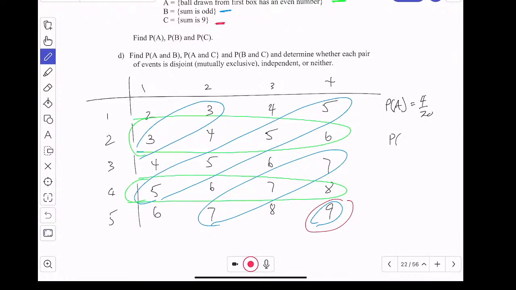The probability of B, the blue, so just count them up, right? It's 10 out of 20. And then the probability of C, which is the red, is just 1 out of 20.